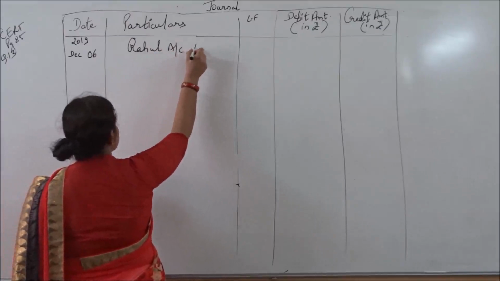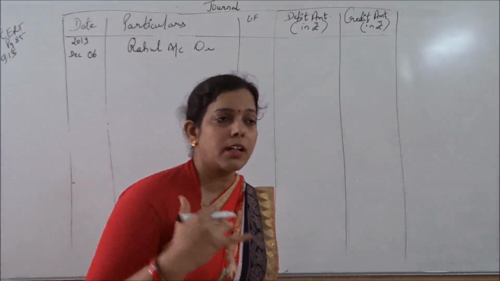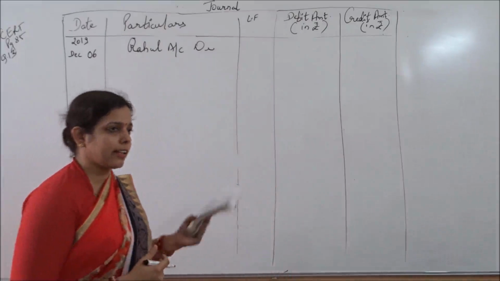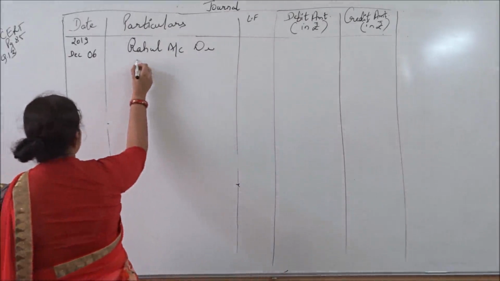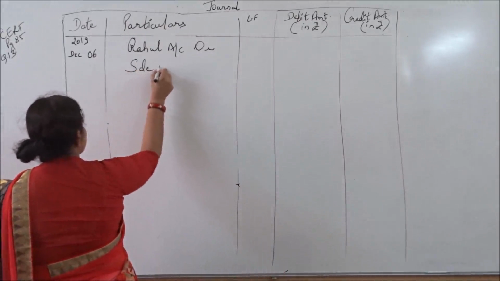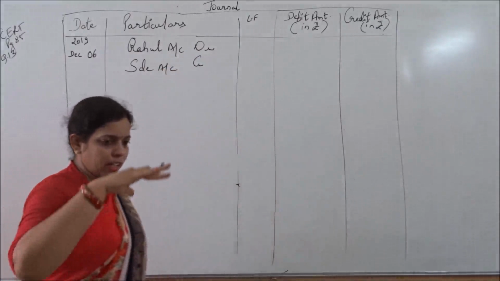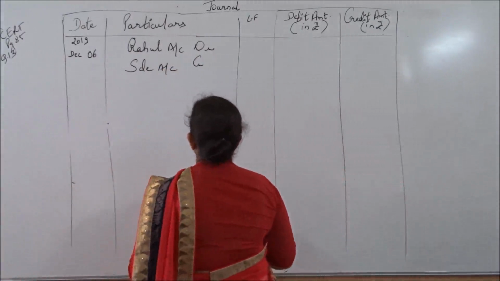Rahul account debit and business से क्या गया? Business से goods गए. When the goods are coming in the business, in the name of purchases, we are writing purchases. When the goods are going for sale, we are writing sale account credit. Business का जो stock है in the name of sale, वो कम हो गया है. That's why we have credited the sale.